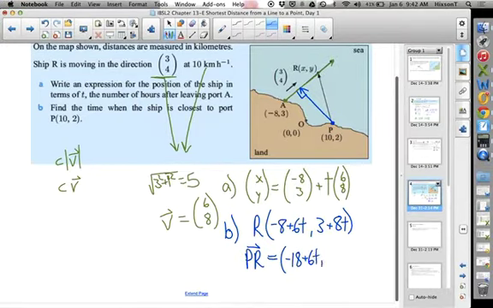And 3 plus 8t minus 2 is 1 plus 8t. Okay? So where do we go from there? Dot product equal to 0, okay?